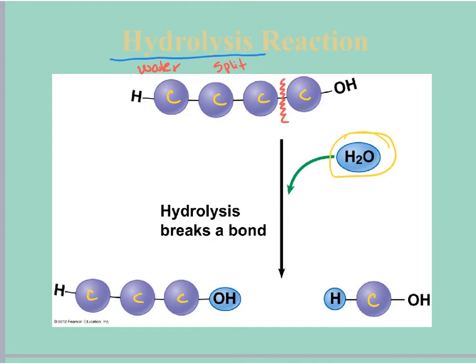Remember, this type of reaction is breaking a bond. And when you break bonds, you release energy. So in order for your cells to get energy to carry out their daily activities and just live, they need energy to do that. So if you can't do that, your cells are going to run out of energy, and your cells are going to start dying, and then you can imagine how that affects tissues, organs, organ systems, and then ultimately the whole organism.